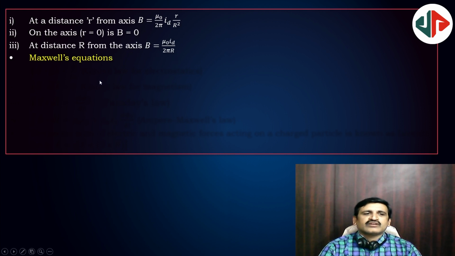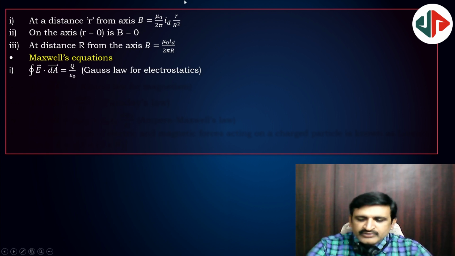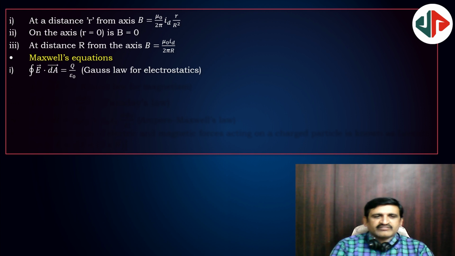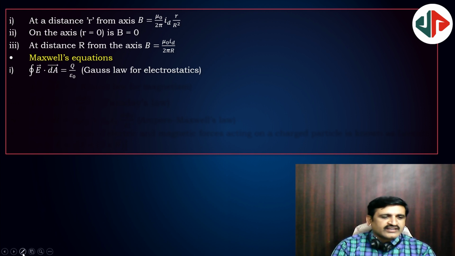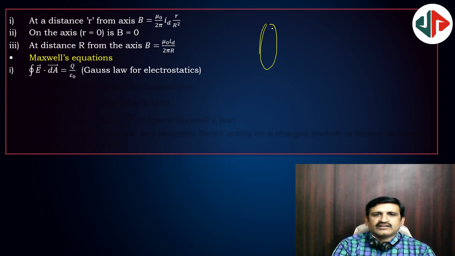Before going to Maxwell's equations, I want to tell you something here. Suppose here is a conductor with radius capital R, and suppose you want the magnetic field along the conductor, along the axis.